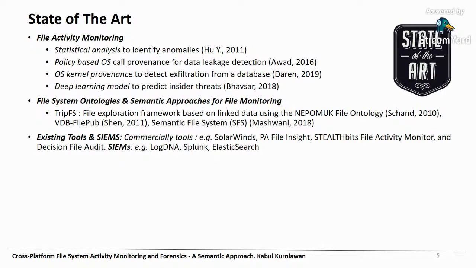Semantic file system or SFS is an extension to TripFS, but enables users to navigate the published files. And for the file monitoring tools, there are several commercial tools such as SolarWinds, Manage Engine Data Security Plus, File Insights, Tailbits, File Activity Monitor, and Decision File Audit. For the SIEMs, there are LogDNA, Splunk, Elasticsearch, and etc.